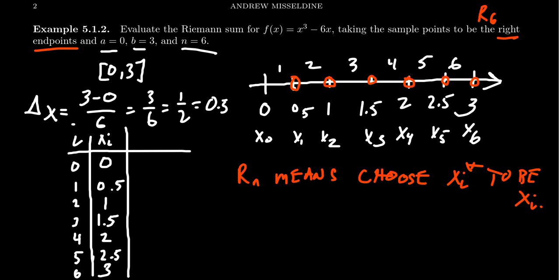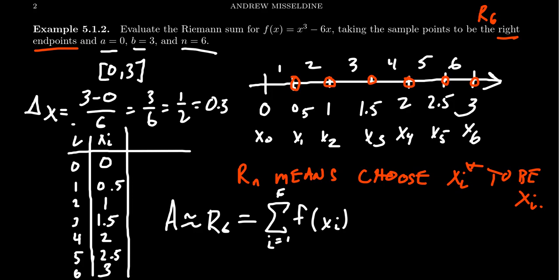So what this then tells us is that the area under the curve is going to be approximately R6, which is going to equal a sum where i goes from 1 to 6, because there's 6 rectangles here. We're going to take f of xi times delta x.